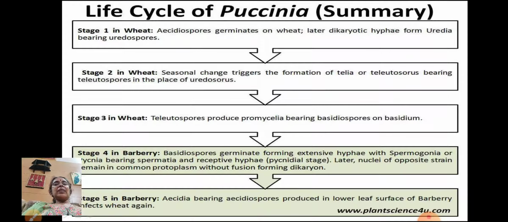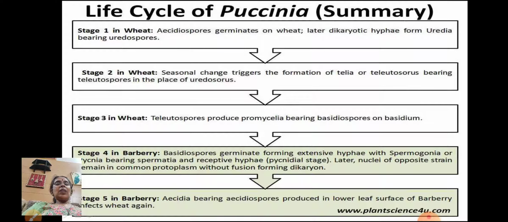To summarize the life cycle of Puccinia, on the wheat plant, the aeciospores first germinate, later dikaryotic hyphae form the Uredia bearing the urediospores. As the season changes in the late summer, it produces another type of spores called teliospores inside a pustule called Telia or Teleutosorus, and again the teliospores produce the basidiospores on the Basidium.